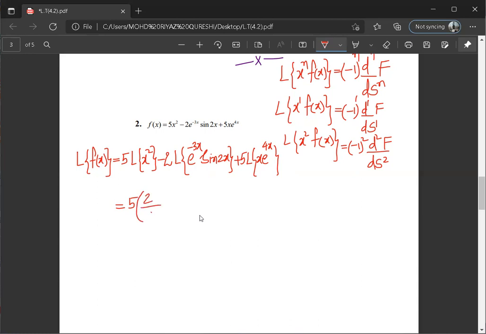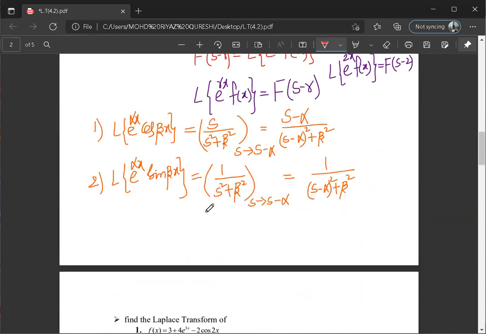Here 2 by s square. For x square we have a direct formula, you can see in your formula sheet. Minus 2 will be a constant. And now I explained sine, you can see this above example, e to the power alpha x sine beta x.